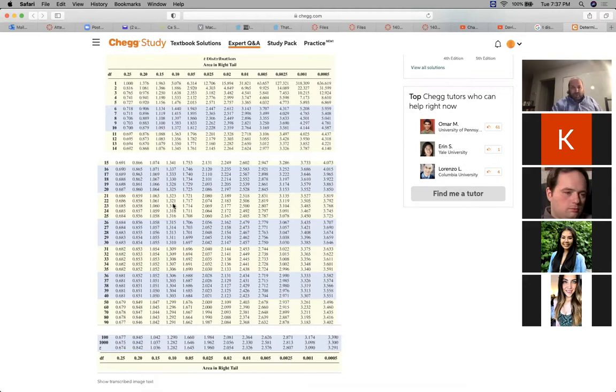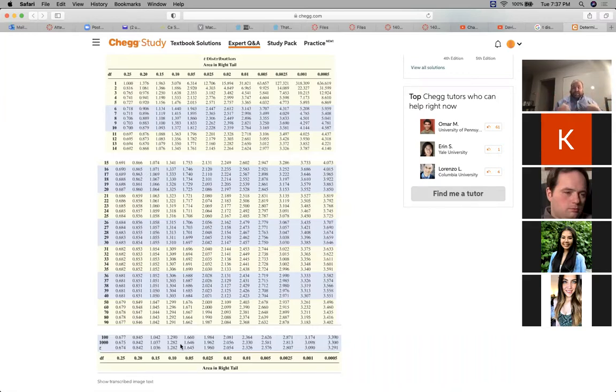So we go to 10%, we go down, and we see that we get 1.282. My Z is 1.282. And at 1,000, my T star is already very, very close to it. So close that they approximate to the same thing. So as the sample size gets larger, T star gets smaller, and gets closer and closer to Z star.